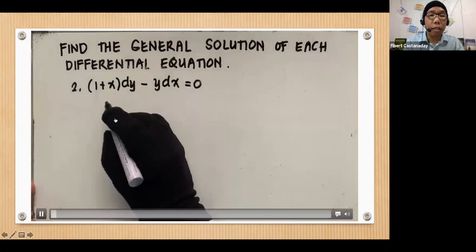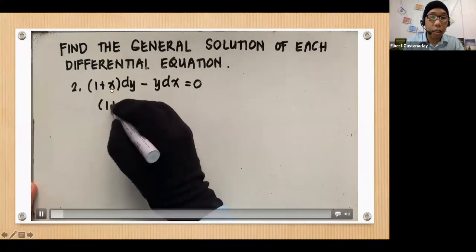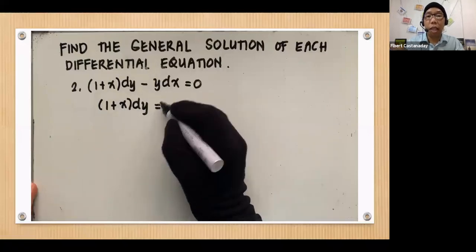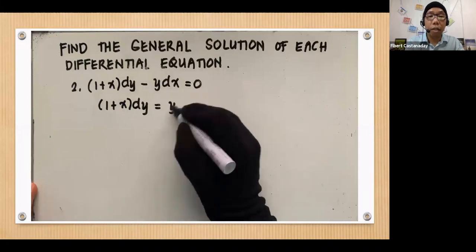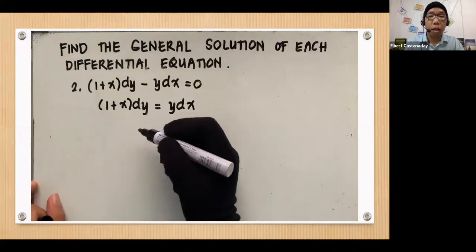So what we will do is for us to eliminate 1 plus x on the first term, we divide natin both sides by 1 plus x. And for the second term, we divide both sides by y para matanggal natin yung variables. This is one way of separating the variables. What I did here, tinranspose ko yung second term sa right-hand side.